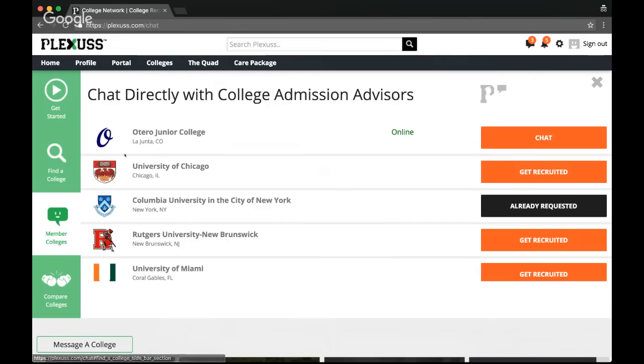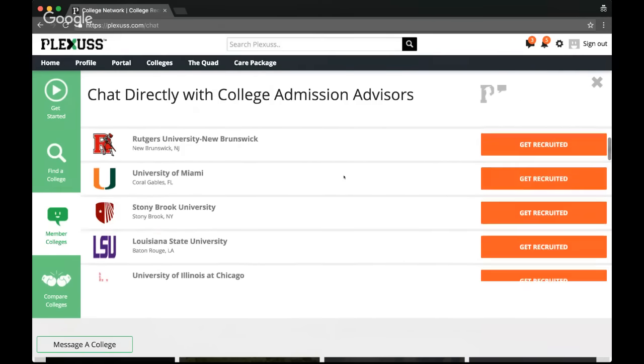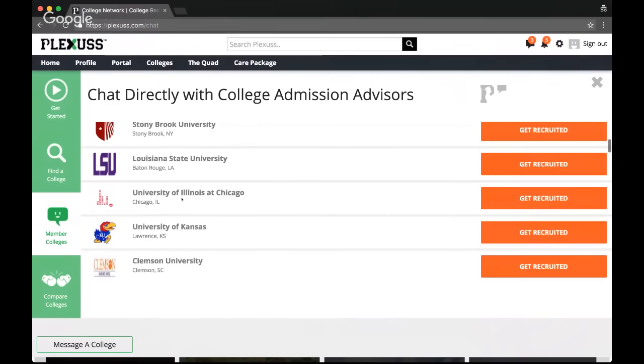Moving on to member colleges, these are really the schools that we think you're going to have the most success with on Plexuss, the highest response rates. So what I would recommend, after looking for colleges in the Find College section, is to check out the member colleges we have on Plexuss. These are going to be the most responsive schools. If we scroll down here, we can see University of Illinois at Chicago.